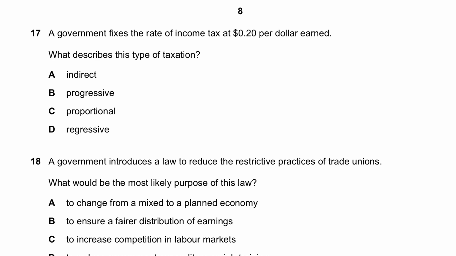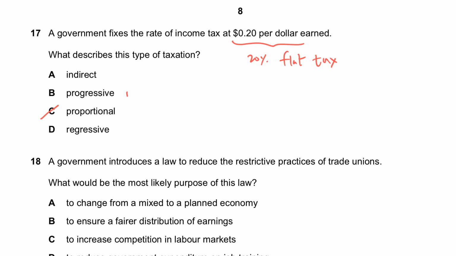Question 70 says the government fixes the rate of income tax at 0.2 per dollar earned. What describes this type of taxation? 0.2 per dollar earned would mean basically it's a 20% tax, and it's a 20% flat tax. So if it's a 20% flat tax, this would mean it is proportional in nature. A progressive tax would have been one where the rate actually rises when income rises.